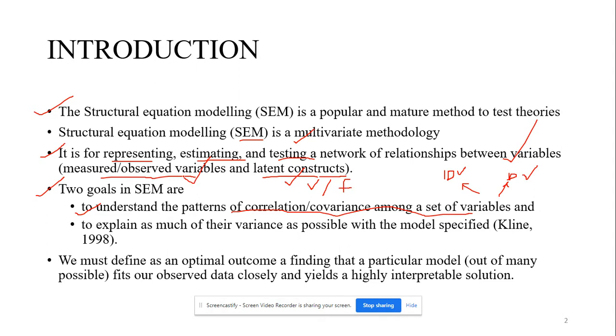And these are independent variables, which are also called measured variables, observed variables. Some people also call them items, or some people also call them either observations or measurements.